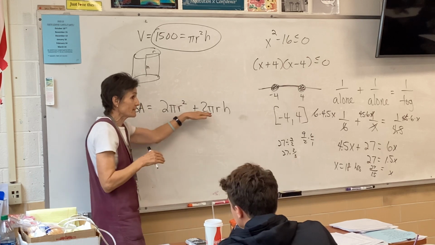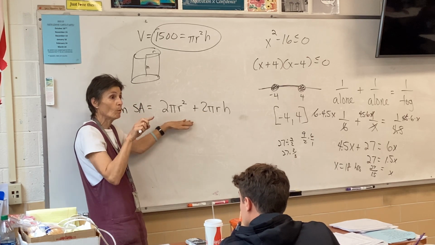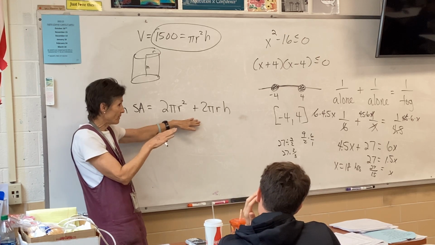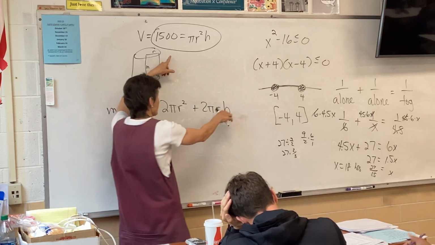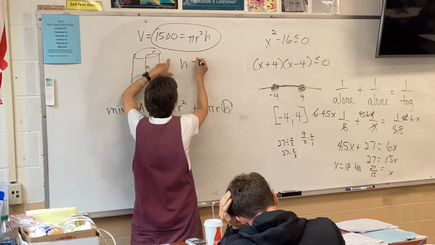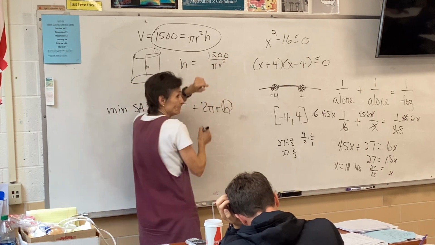So you're going to type this in on your calculator and graph it and find the low point, but there's a problem. What's the problem? You got 2 variables. So we need to go back up here. This is the one I need to get rid of. So isn't h equal to 1,500 over pi r squared?